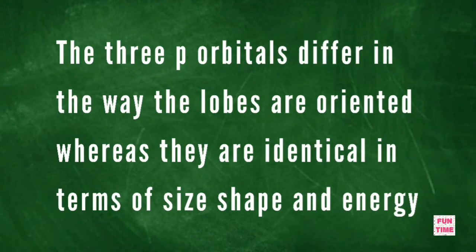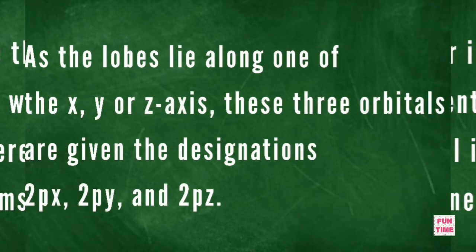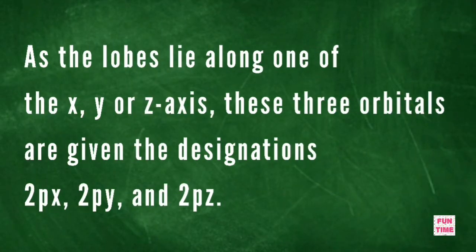The 3p orbitals differ in the way the lobes are oriented, whereas they are identical in terms of size, shape and energy. As the lobes lie along one of the x, y or z axis, these 3 orbitals are given the designations 2px, 2py and 2pz.